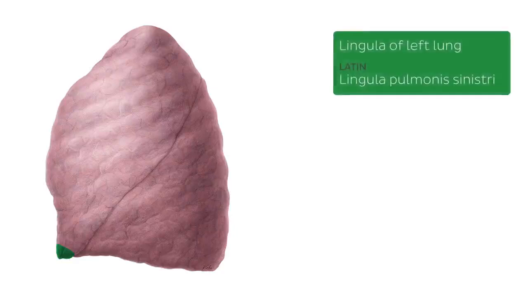It's also exclusive to the left lung, as you can see here in this image. And this is this tip here that you can find known as the lingula of the left lung. Now, this is a small protrusion on the superior lobe found on the left lung, inferior to the structure that I talked about previously, the cardiac notch. So the cardiac notch should be right about here, and this is where you find the lingula of the left lung.